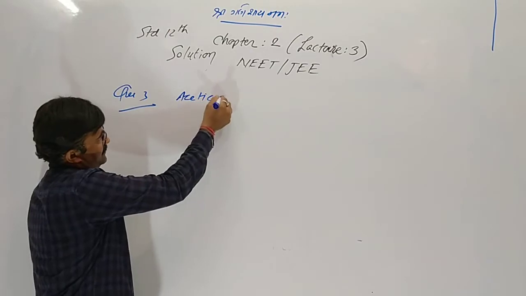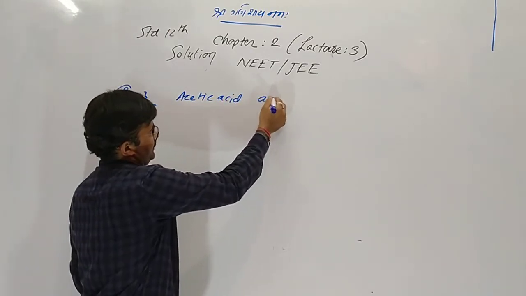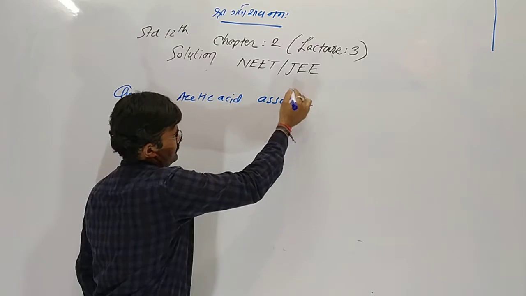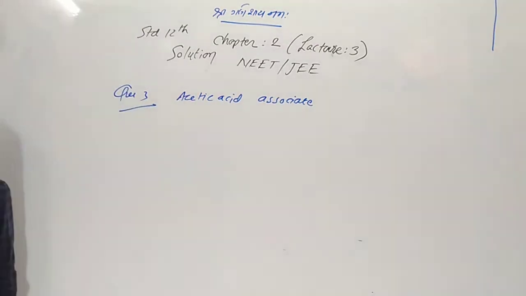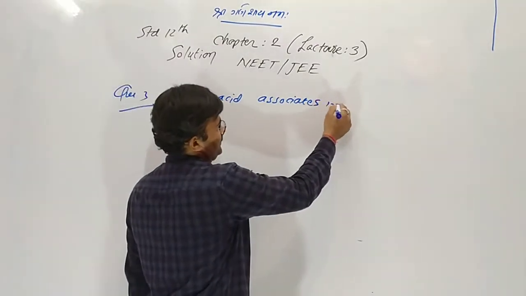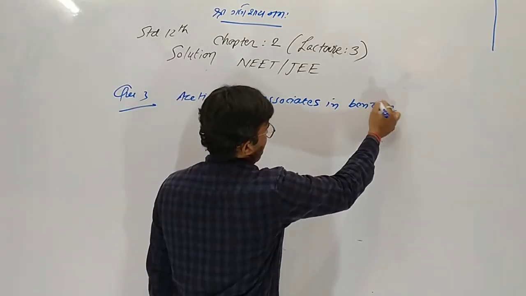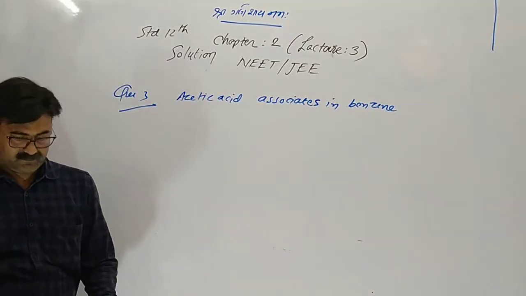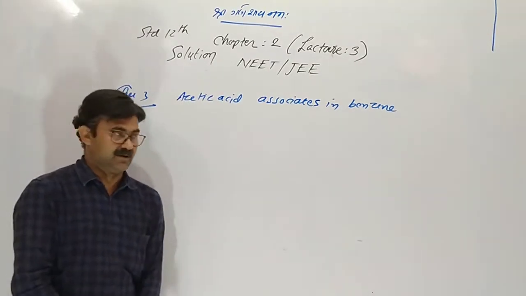Acetic acid associates in benzene to form a dimer.